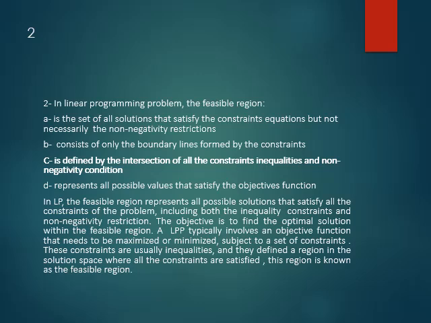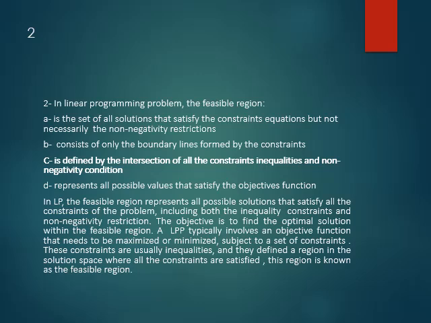In a linear programming problem, the feasible region: A. is the set of all solutions that satisfy the constraint equations but not necessarily the non-negativity restriction.